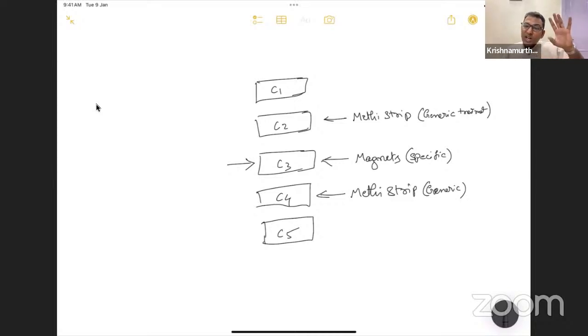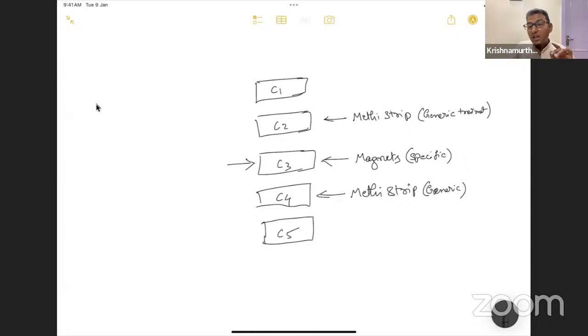See, whatever I had written as semi-specific, just ignore it for some time, you will get confused. So, if there is a problem in C3, I can give specific treatment to C3, but along with that, I will have to give generic treatment, that is the methi strip, for one vertebra above and one vertebra below.